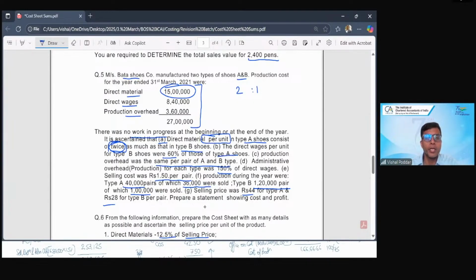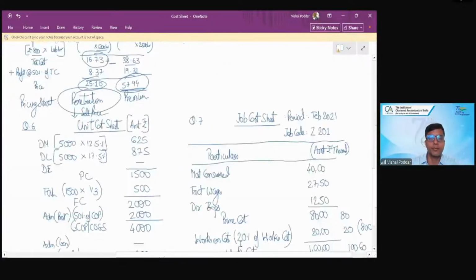Similarly, in case of labor, you are considering it as 1:0.6, but applying it to the total. However, the language says it is per unit. This is where the whole answer changes. So let's see.